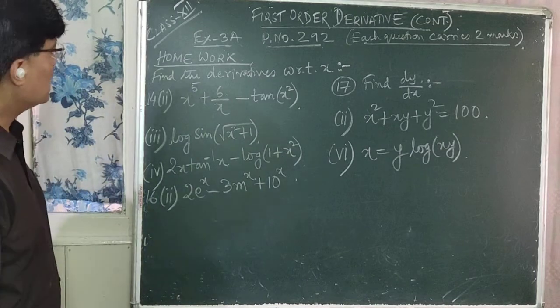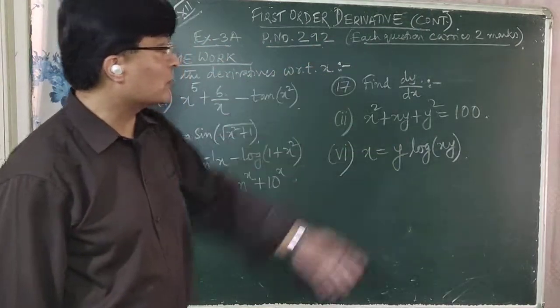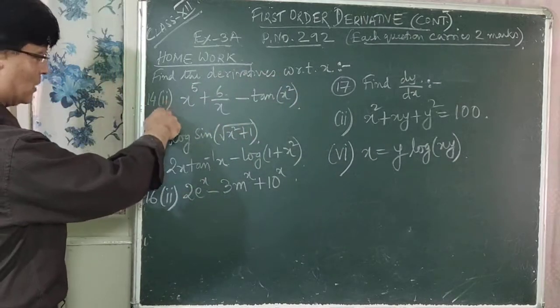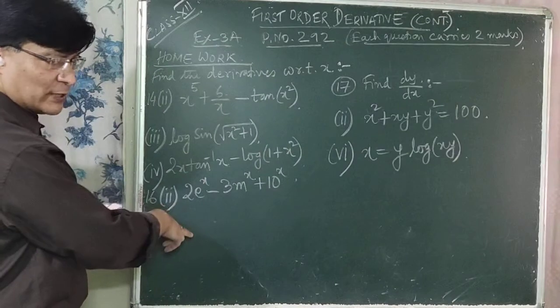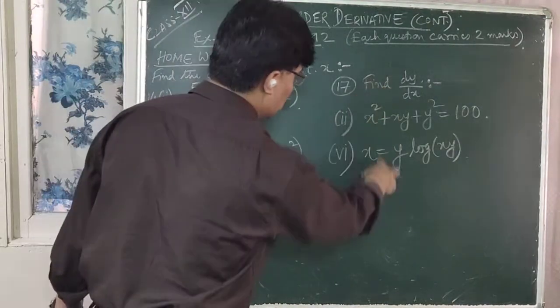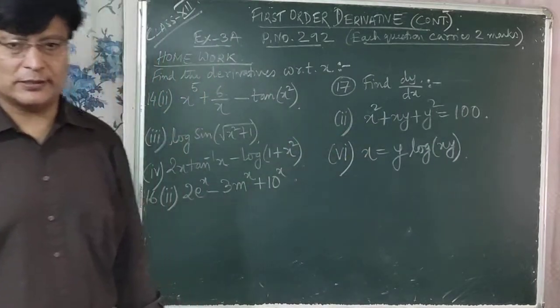Okay, that is the same exercise 3A, page number 292. Each question carries 2 marks. Okay, find the derivatives with respect to x. Let y is equal to this, this is known as the explicit function. And this is your implicit function. In 17 number also find dy by dx.